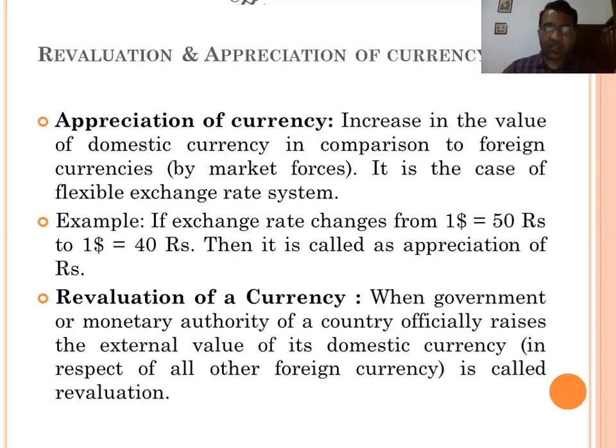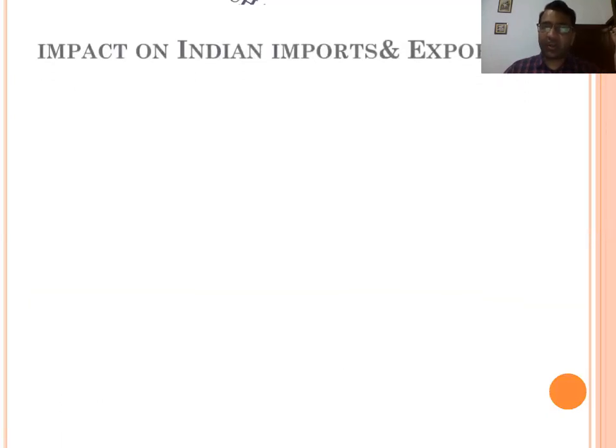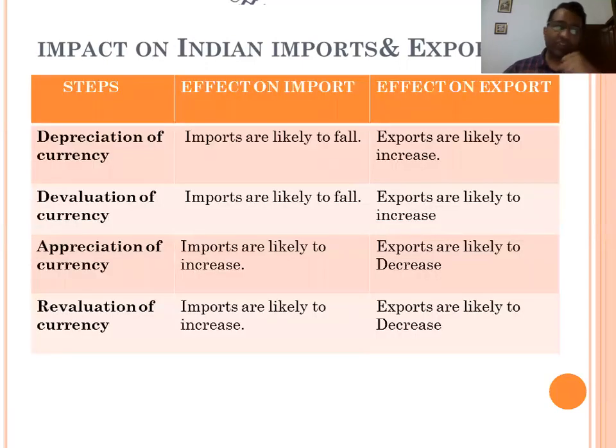Another most important topic is the effect on export and import of the domestic country. Take depreciation of currency. When depreciation arises, the value of domestic currency decreases compared to another country's currency. It means for us, now we have to pay more rupees to purchase $1.